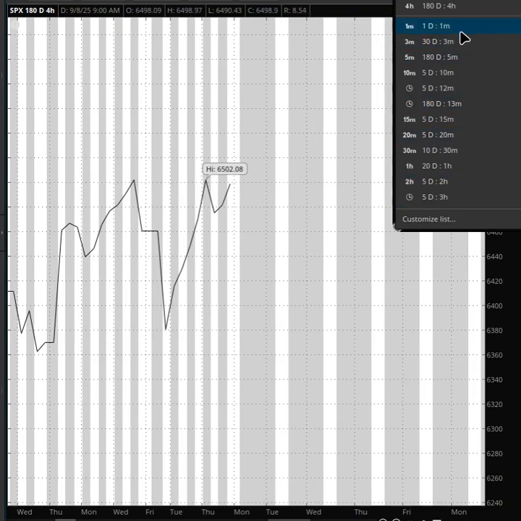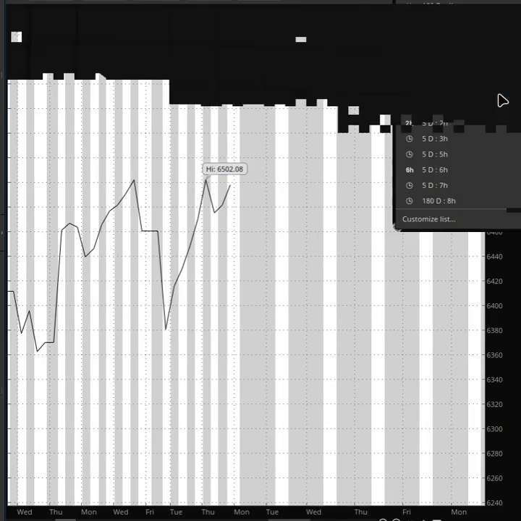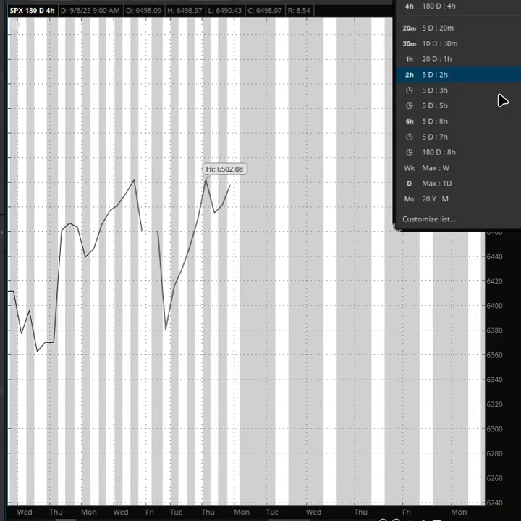For example, include a 2-minute time frame, a 4-minute time frame. But these are pretty reliable. Just 1, 3, 5, 10, 12, 13, 15, 20, 30-minute time frame, 1 hour time frame, 3-hour time frame, 5, and I went all the way up to the 8-hour time frame, weekly for long term, daily, and then monthly.